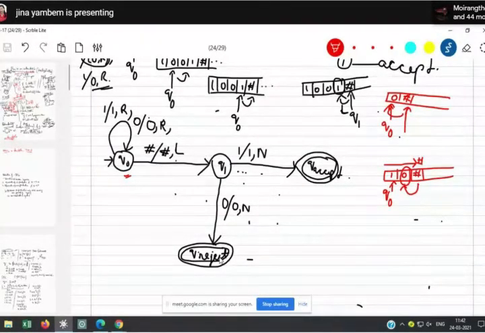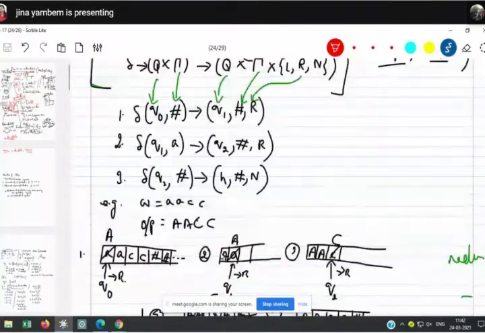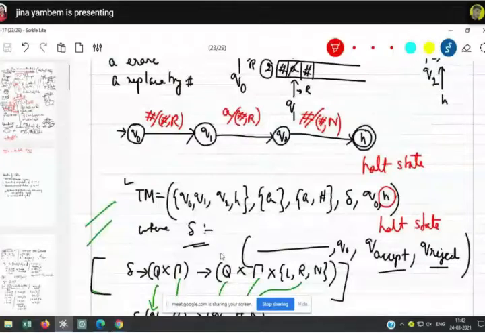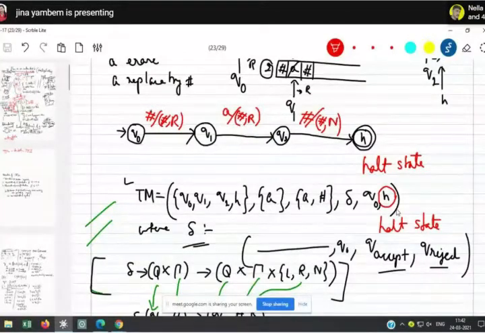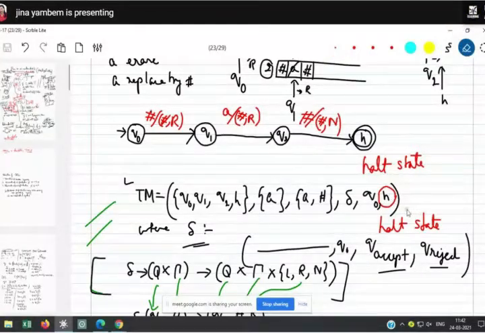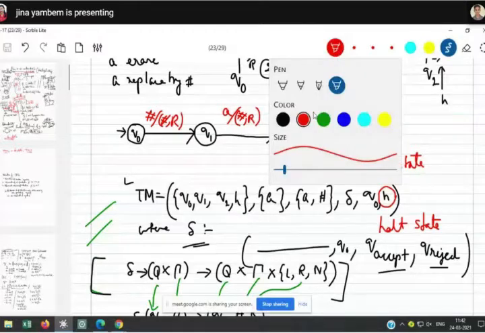Okay. Now, let me come back to the part where I have encircled halts. Now, regarding this one, right? Wait.